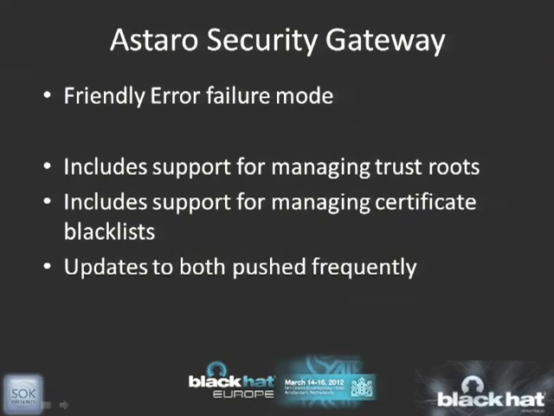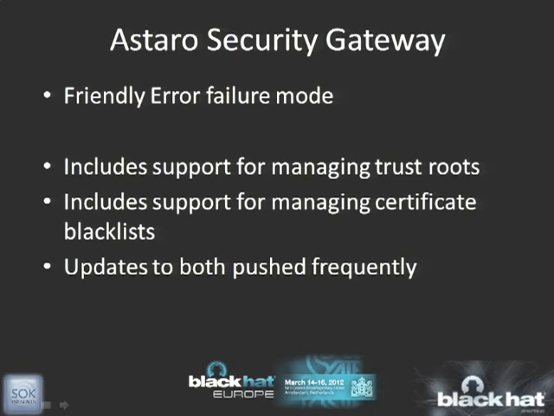Now, Astaro operates in a fail closed error mode. They do include support for managing trust routes and also certificate blacklists. So in some of the other cases, like the Comodo breach, where some certificates were fraudulently issued, you can blacklist those individual certificates, and they push out updates to both of these frequently.